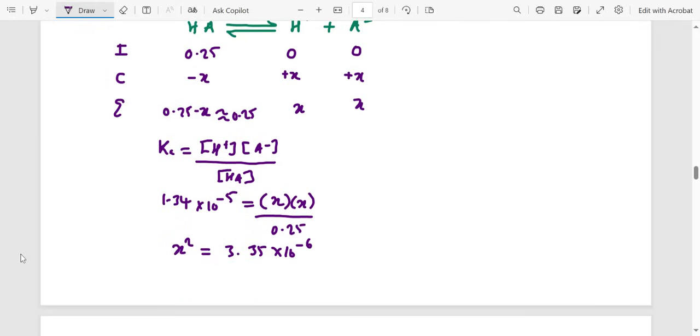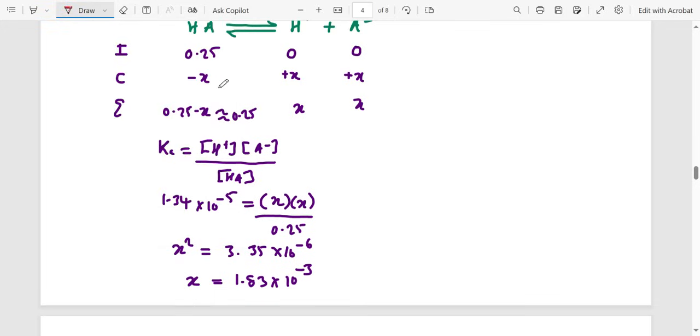So at this point, we square root both sides, and x is going to give us 1.83 times 10 to the power negative 3.